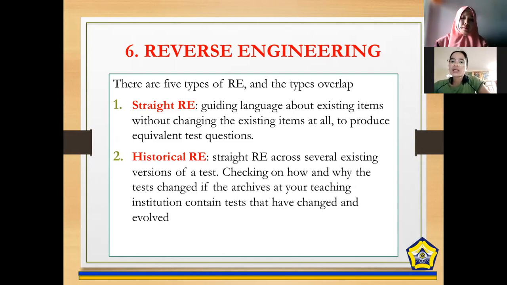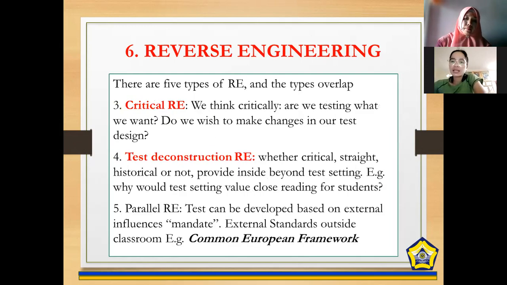The second, historical reverse engineering, focuses on straight engineering across several existing versions of the test, checking how and why the test changed, if the tests at your teaching institution have changed or evolved. Next.